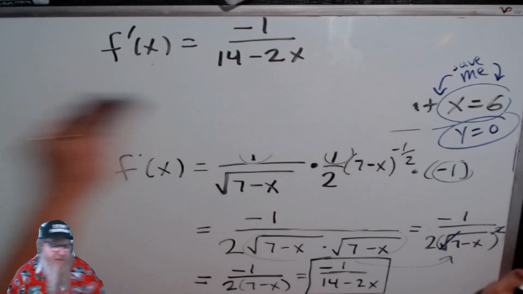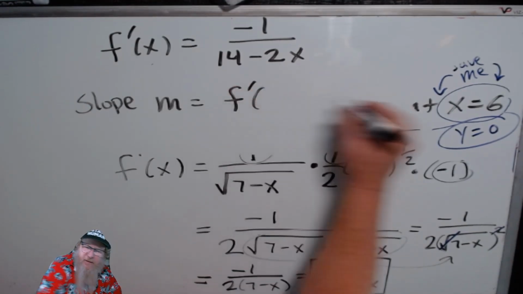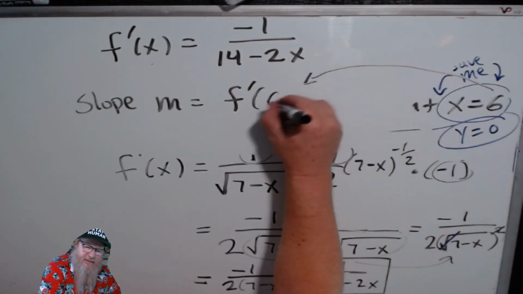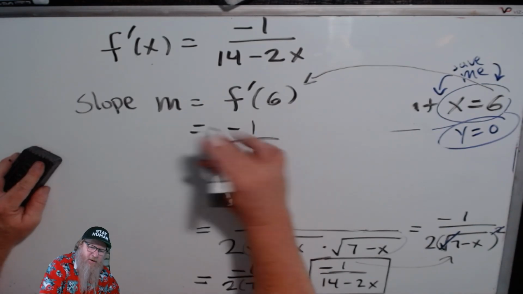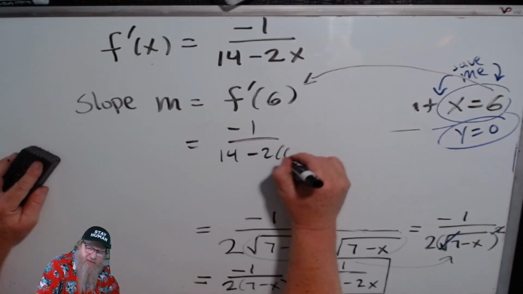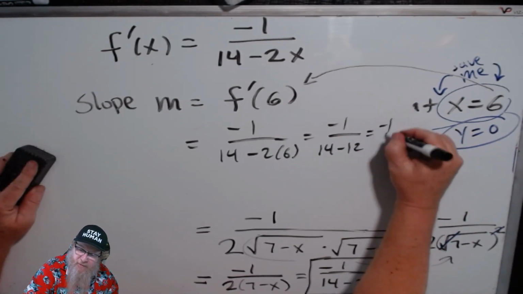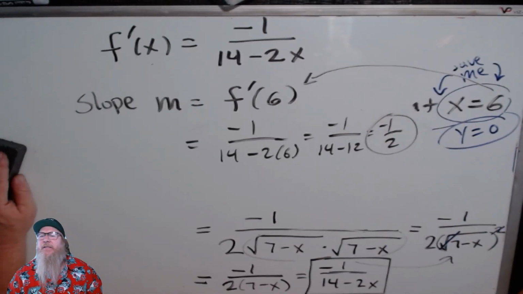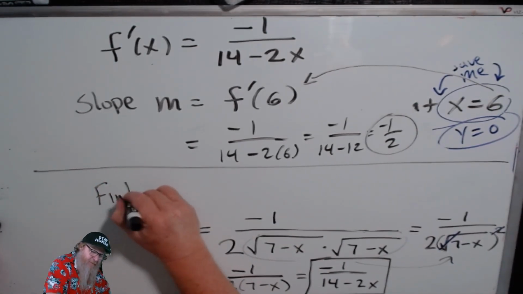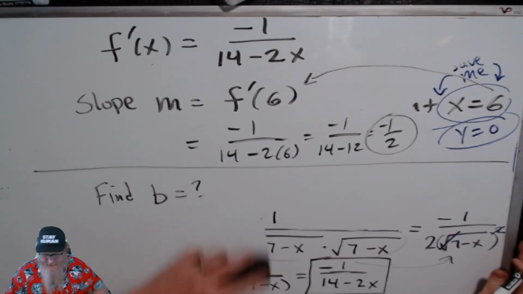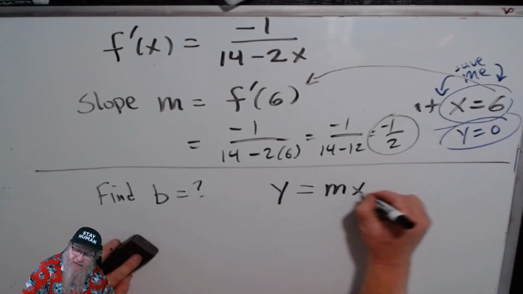Now to find the slope, plug in whatever is given to us. I saved that 6. So I've got negative 1 over 14 minus 2 times 6, which is 14 minus 12, so negative 1/2 is going to be my slope. Now I need to find b. Remember, your equation is y equals mx plus b.